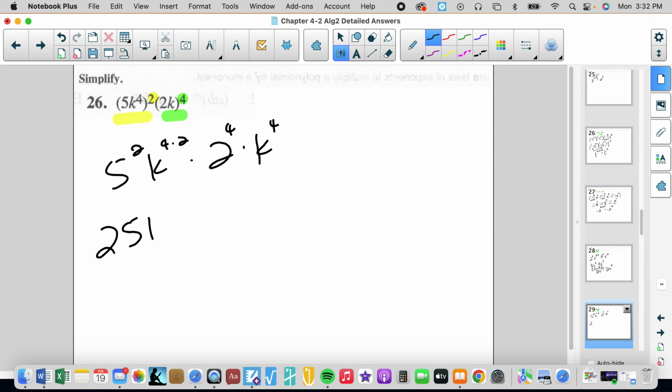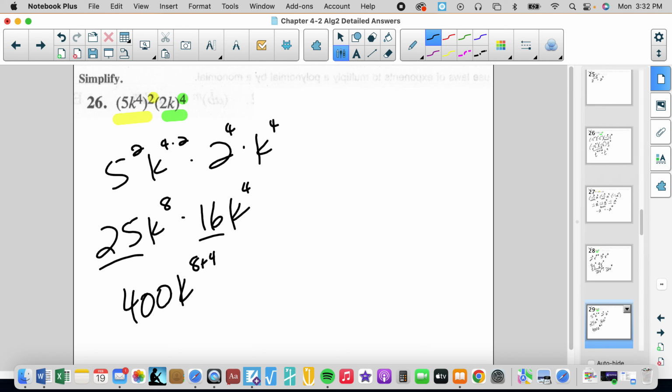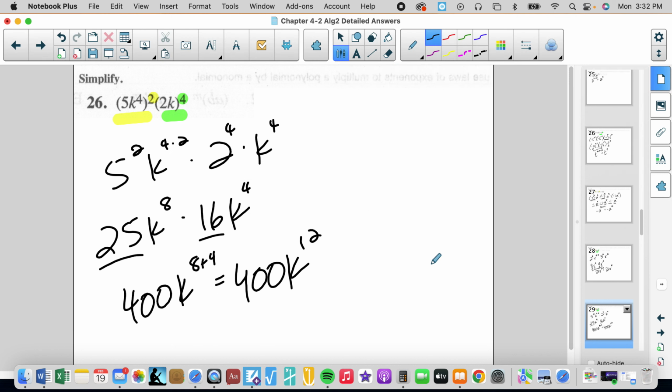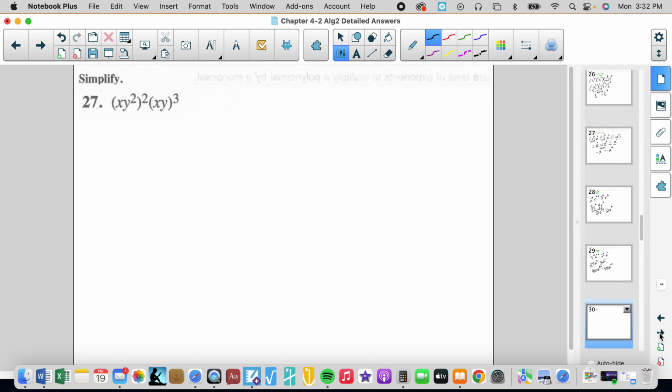That's 25k to the 8th times 16k to the 4th. 25 and 16, what's that, 400? 400k to the 8 plus 4, or 400k to the 12th. Pretty sure there's 4 sets of 4s in 16. 25 times 16. 400, yep. I thought of them as dollars, quarters. That's how I think of 25s.